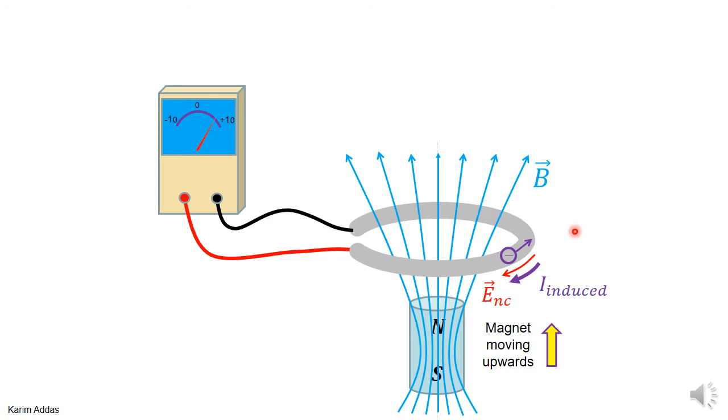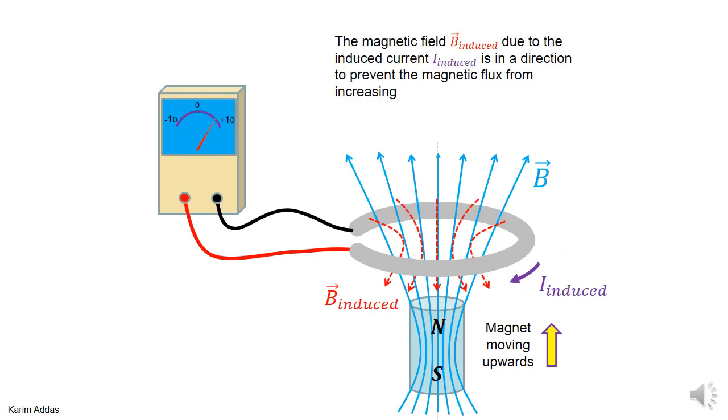Now there's an easier way to get the direction of the induced current using something called Lenz's law, which we'll discuss in the next slides. But basically the idea is, imagine this induced current. This current makes its own magnetic field. What direction would the magnetic field due to this induced current only be? The magnetic field due to the induced current will be as shown in red.